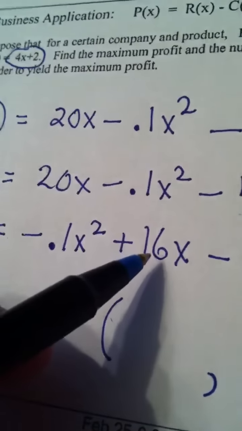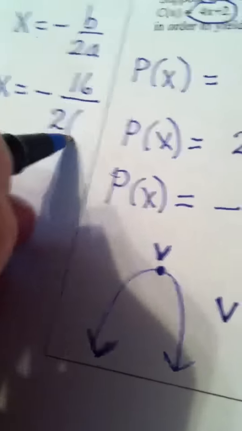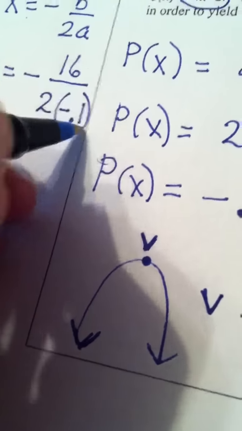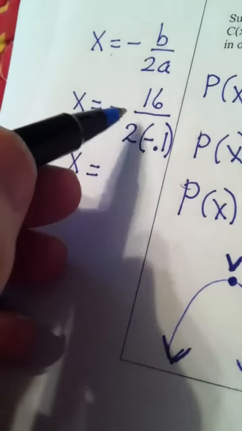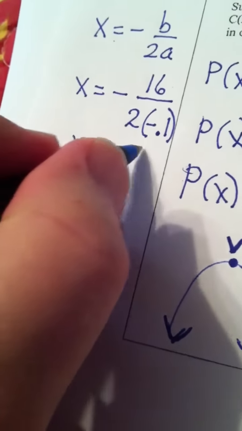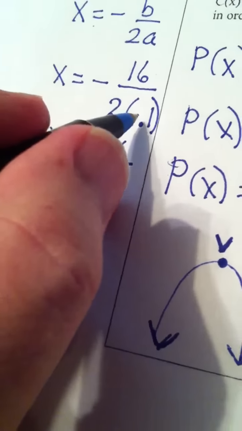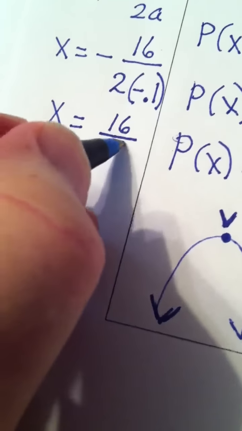Opposite of, okay, b here would be 16 divided by 2 times, and a would be a negative 0.1. Okay, the negative becomes a positive. So on the top we have 16, and we're dividing this by 2 times 0.1, which would be 0.2.